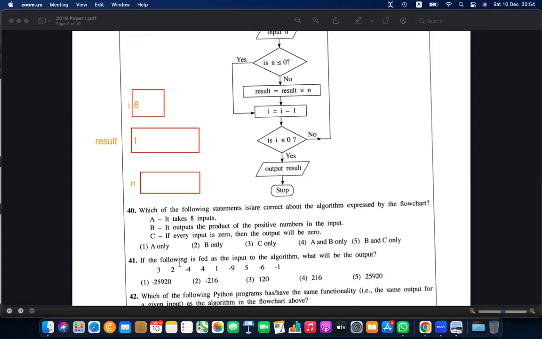So let's multiply. 1 multiplied by 3 is 3. 3 multiplied by 2 is 6. 6 multiplied by 4 is 24. 24 multiplied by 1 is the same, and multiplied by 5 is 120. So 41 is 120.